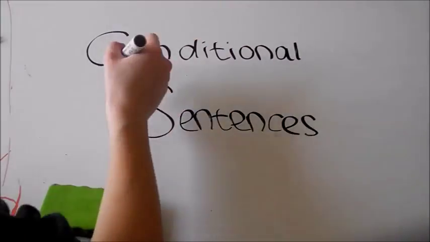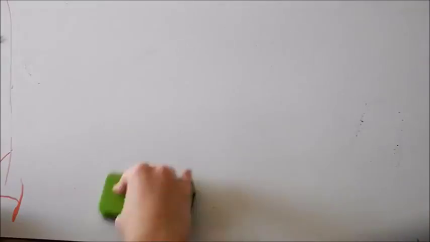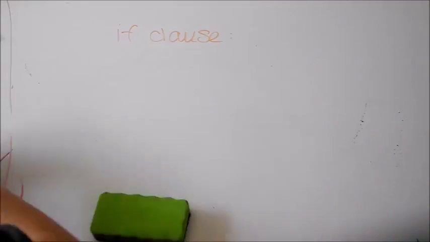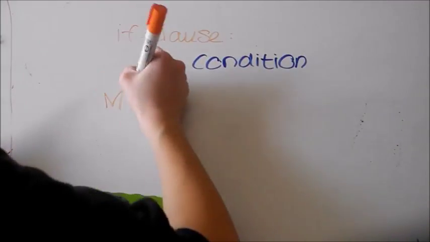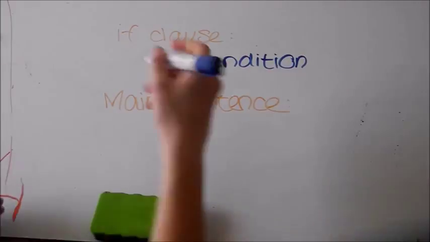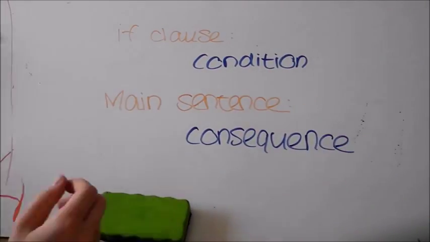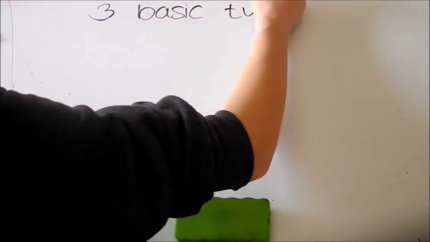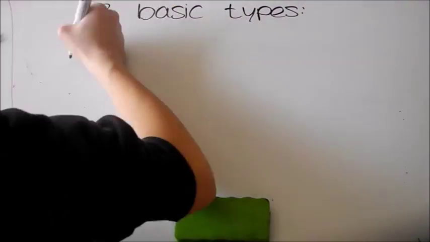Now we talk about the conditional sentences. The if clause tells you the condition, and the main clause tells you the consequence. There are three basic types.